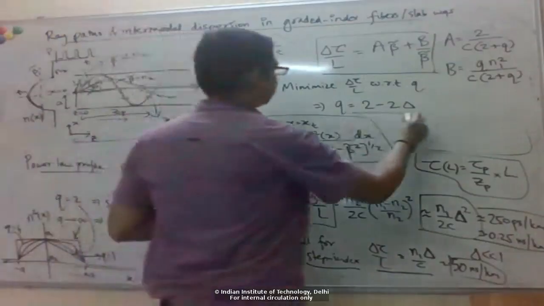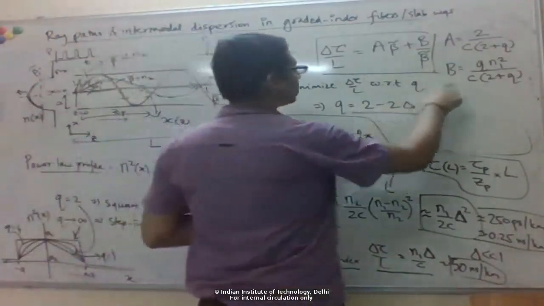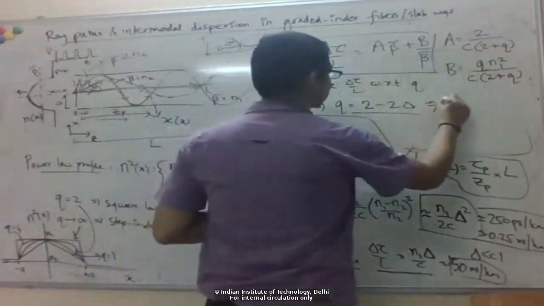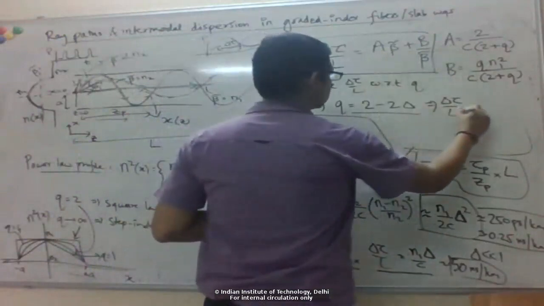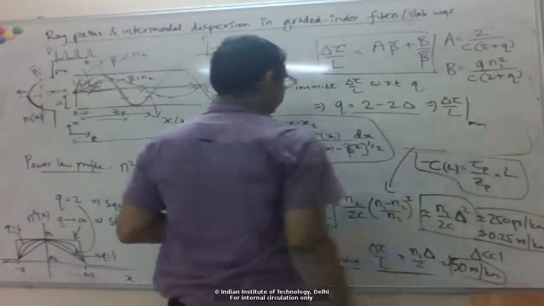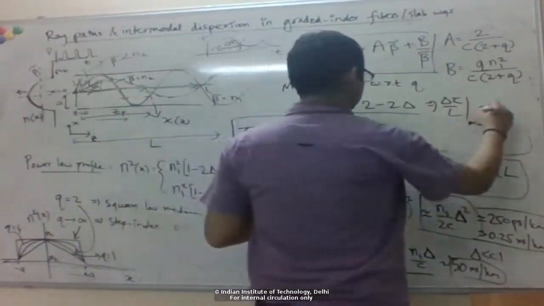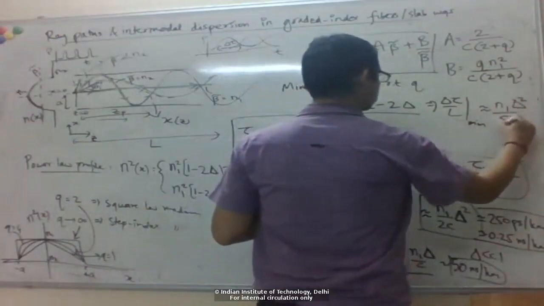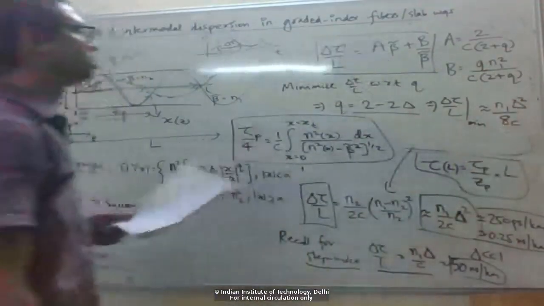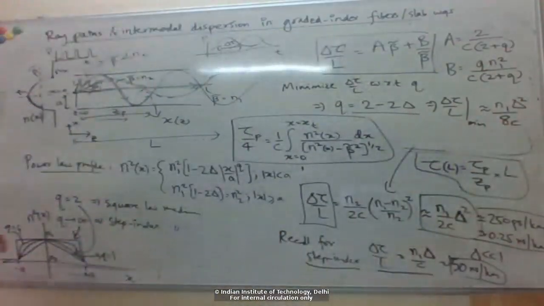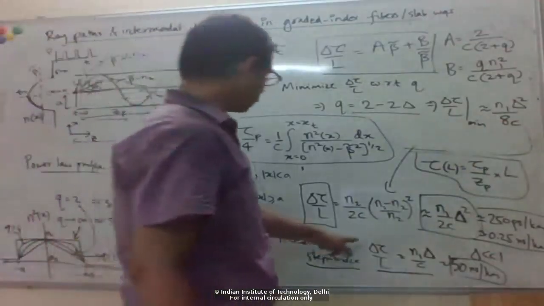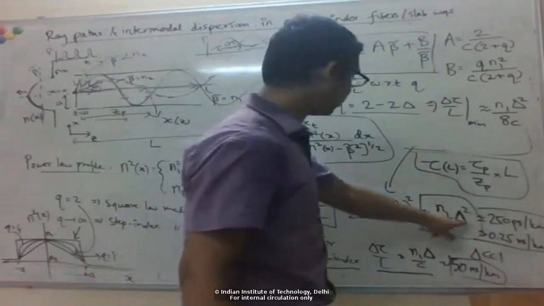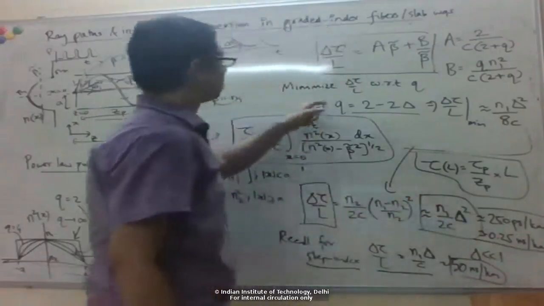Then if you put q equal to 2 minus 2 delta into the expressions for a and b, you get the minimum value of this dispersion. For the square law, for q equal to 2, we had this expression n1 delta square by 2c.